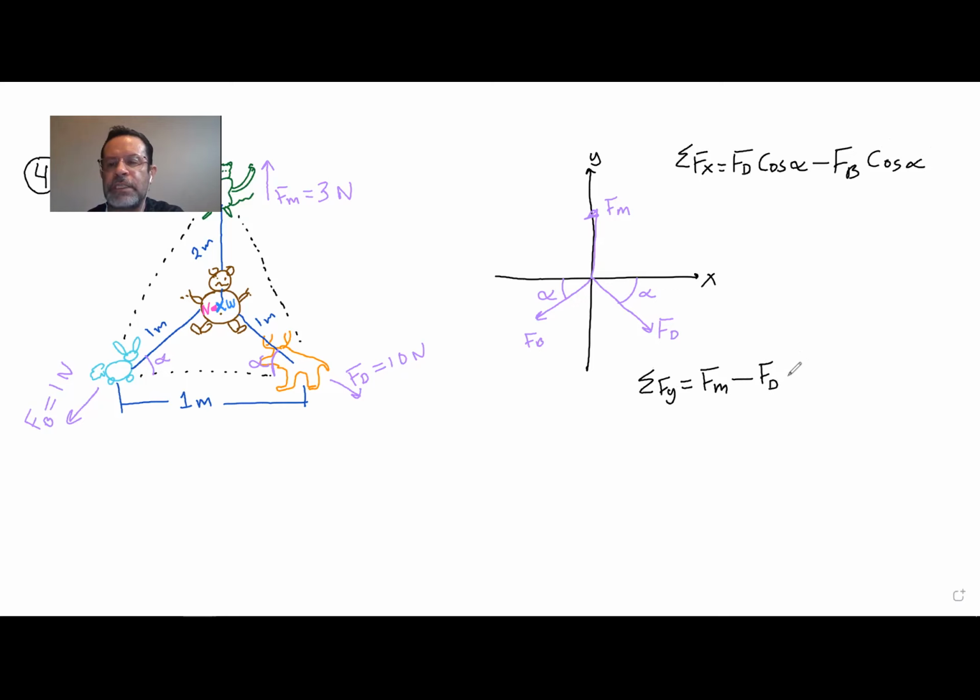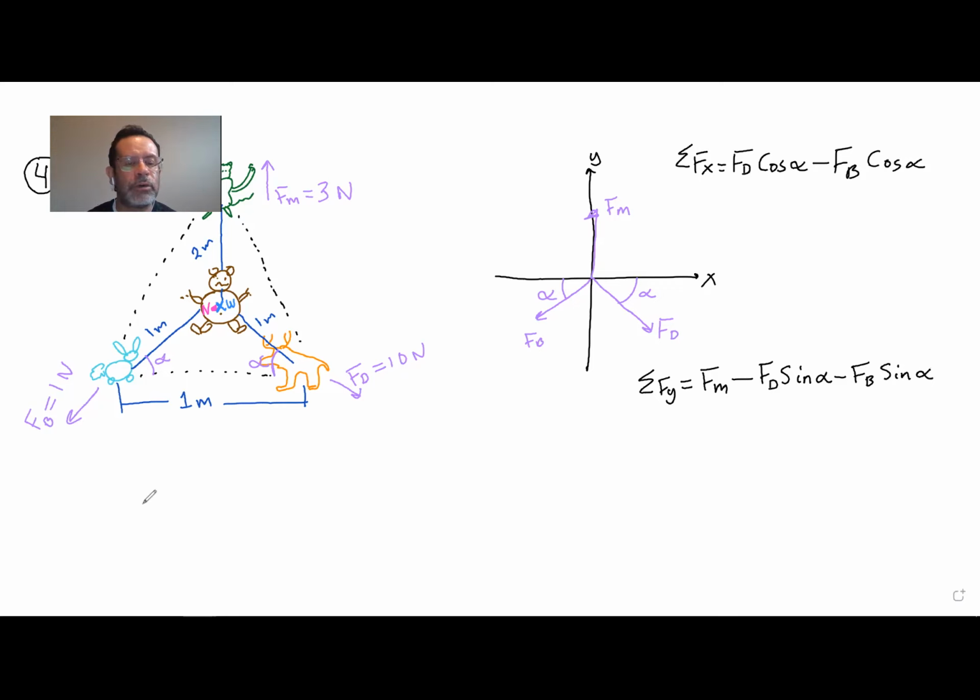So first, the force of the deer times the sine of the angle, minus the force of the bunny times the sine of the angle. Okay. Questions up to this point? And we don't know the values of those. How do we find that angle?